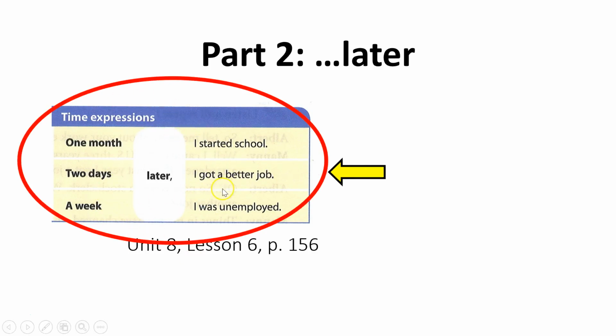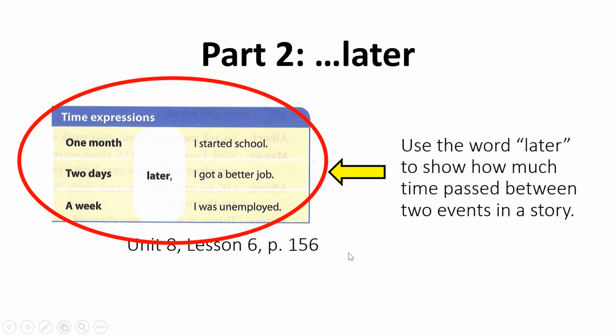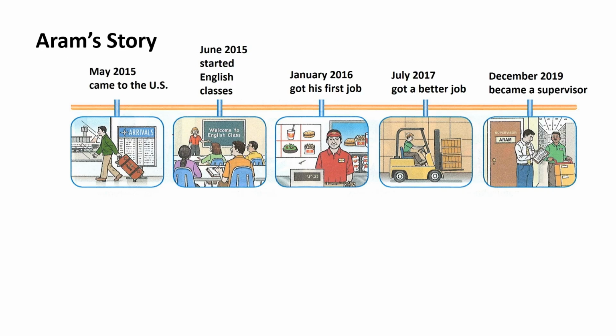The next word you need to know is later, and you have this explanation in the right side of the chart. This chart is on page 156 of your book. It says 1 month later, 2 days later, a week later, etc. Use the word later to show how much time passed between 2 events in a story. So if you talked about one thing that happened, you want to go to the next thing, then you use the word later.